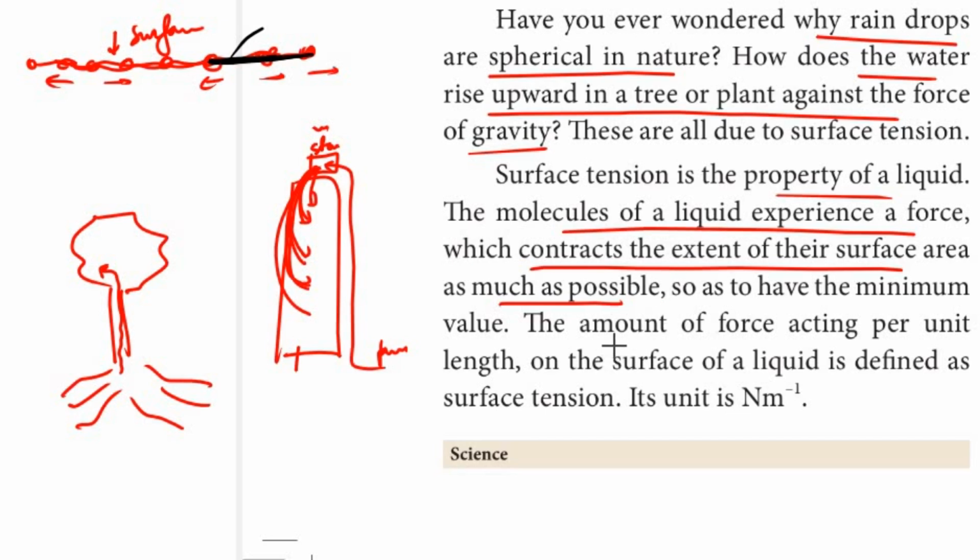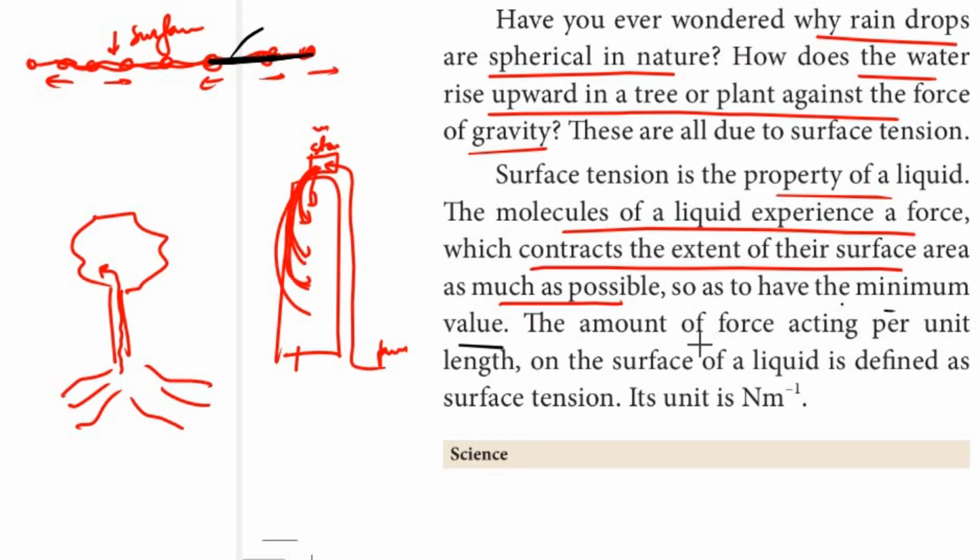Okay, now the basic idea is that the molecules of the liquid experience a force which contracts the extent of their surface area as much as possible, so as to have the minimum value.